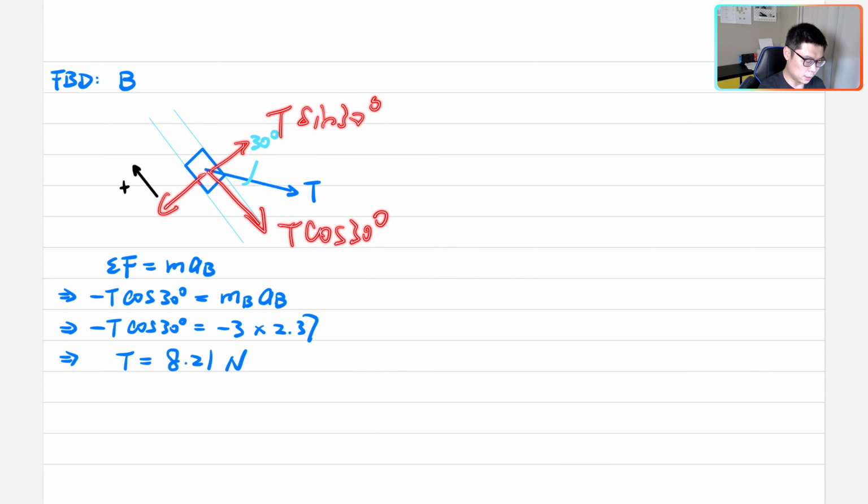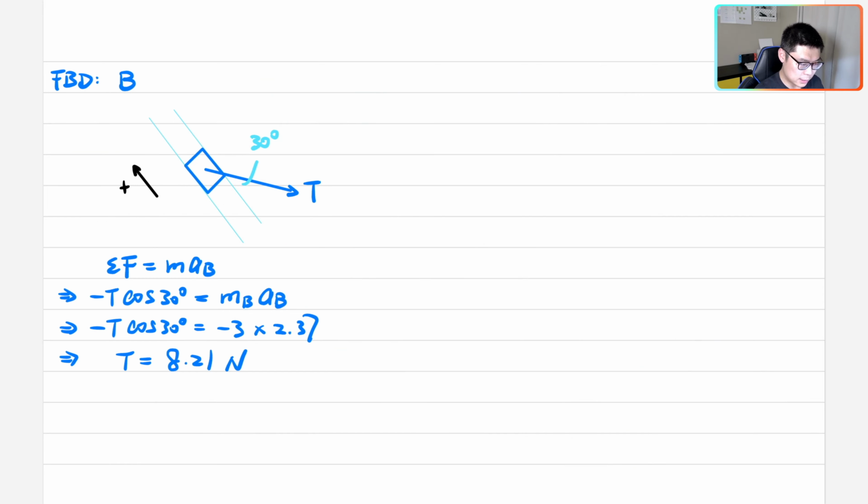Essentially there will be a normal force here, but any force that is perpendicular to the motion, without consideration of friction, is not affecting my motion at all. So this is my T here, the tension in the bar. The bar is connecting A and B, which means this force will be the same acting on A as well, same magnitude but opposite direction.